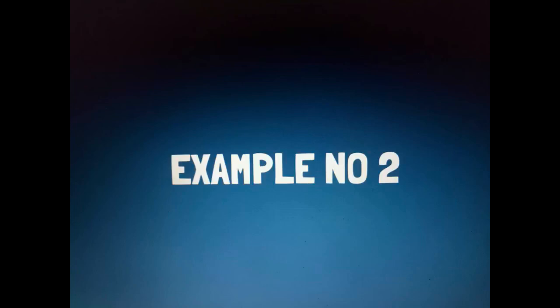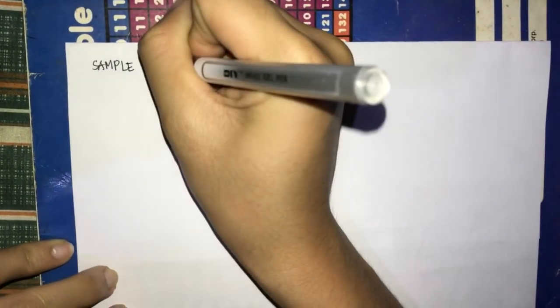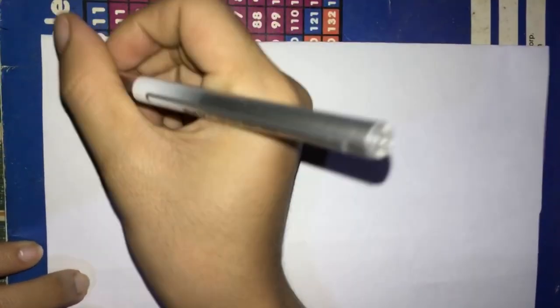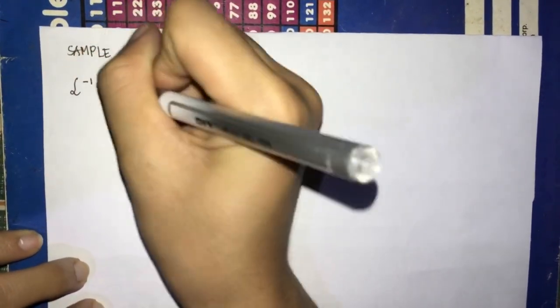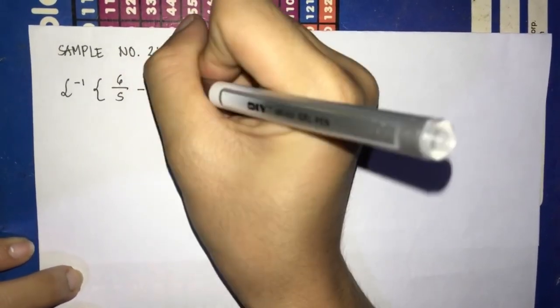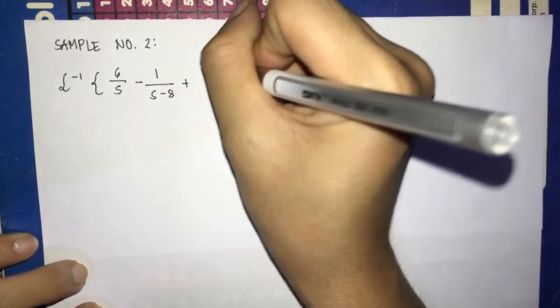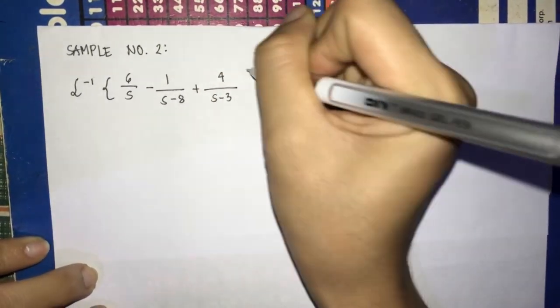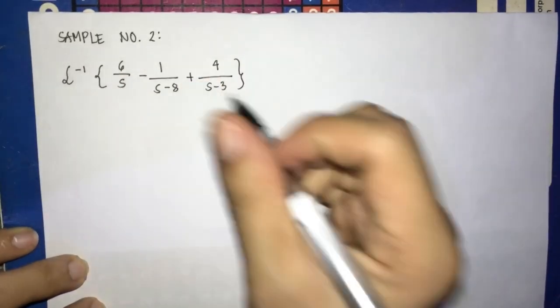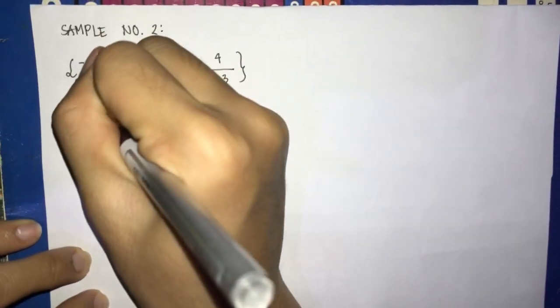Example number 2. The inverse Laplace of 6 over s minus 1 over s minus 8 plus 4 over s minus 3. Now we can distribute the inverse Laplace.